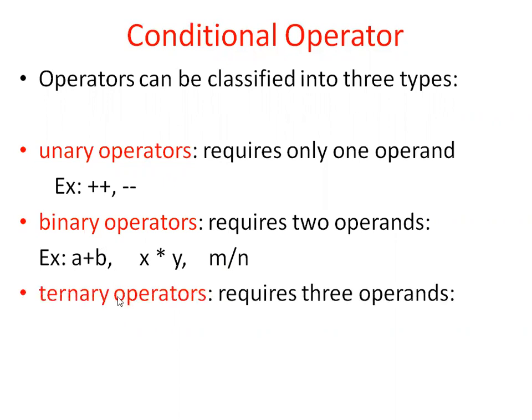Then the next type is ternary operators. They require three operands. An example is our conditional operator, denoted by a question mark followed by a colon. So today we'll discuss the conditional operator.